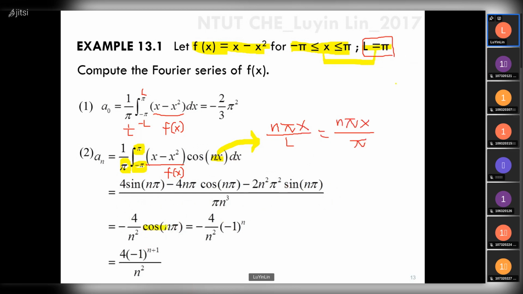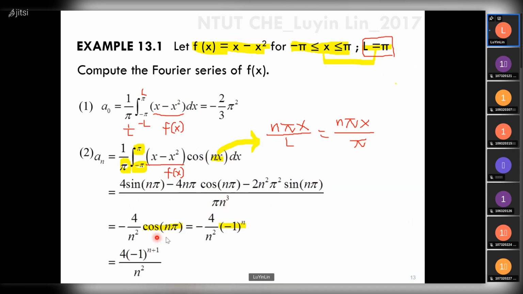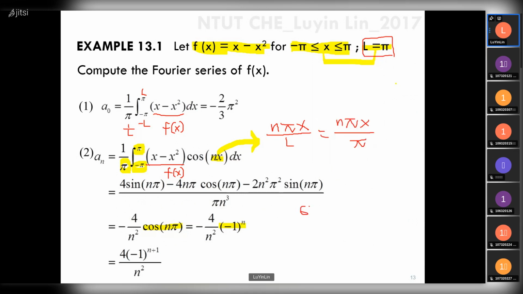And then cosine n pi is equal to minus 1 to the power n, right? Because you can see cosine n pi: if n equals 1, cosine pi is minus 1.